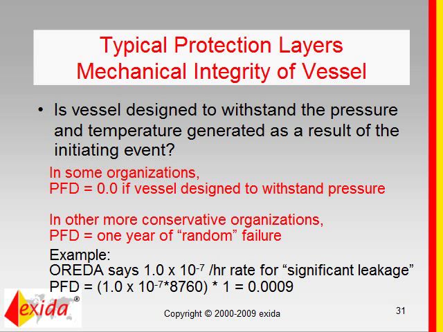So for a more conservative organization, a PFD of 1 per year of random failure would be more appropriate. We have an example here where data from ARETA was obtained for significant leakage, and we basically took the 1 per year of random failure off the significant leakage, and we ended up with almost 3 orders of magnitude risk reduction.